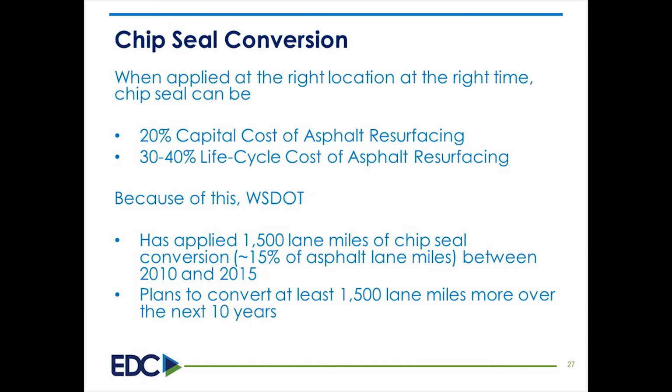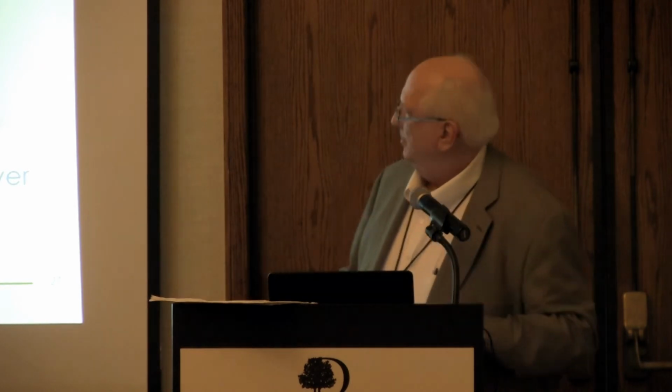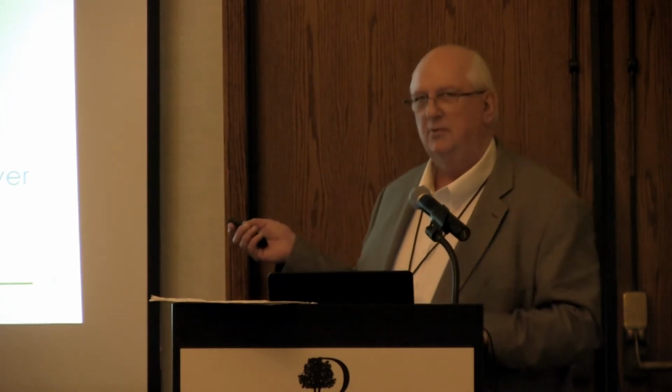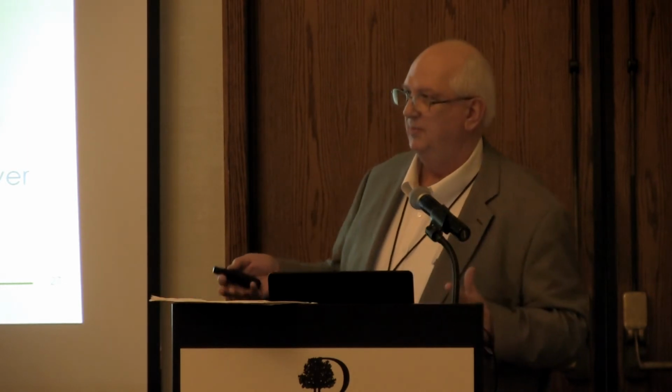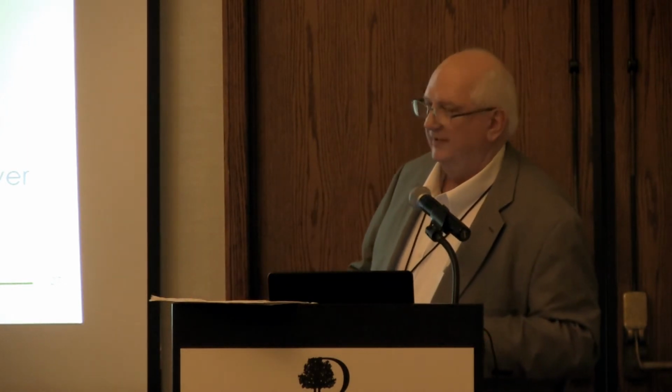So given that lower cost, if we have the right road at the right time, and this is usually for our lower volume traffic, we will change that surface type from asphalt to a chip seal, and we've done that now for about 1,500 lane miles, and we plan to do it over a 10-year period for about another 1,500 lane miles. So this is also going to generate some significant savings for us.